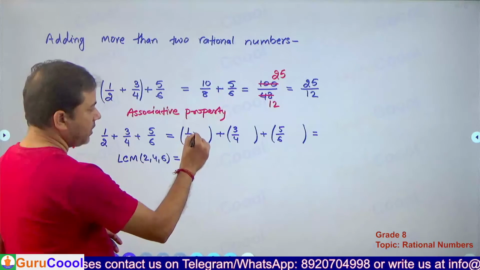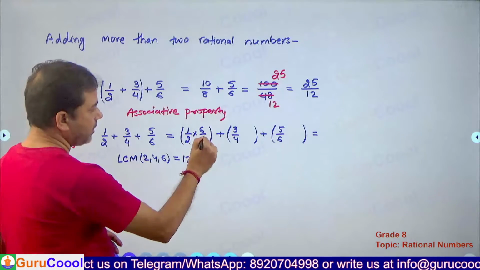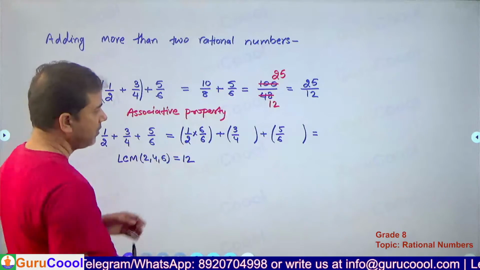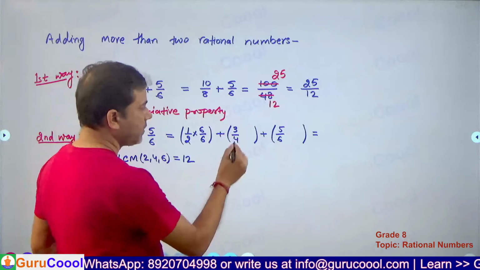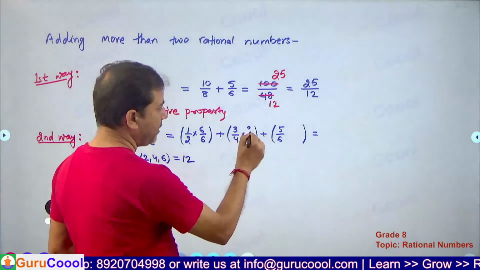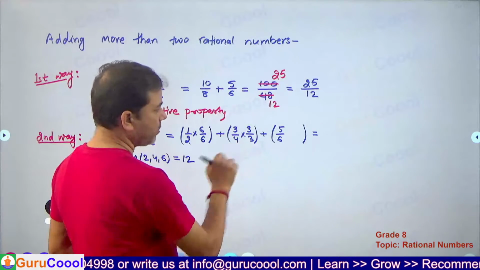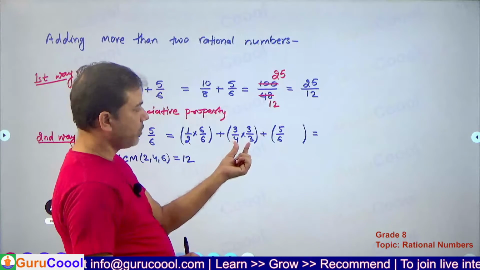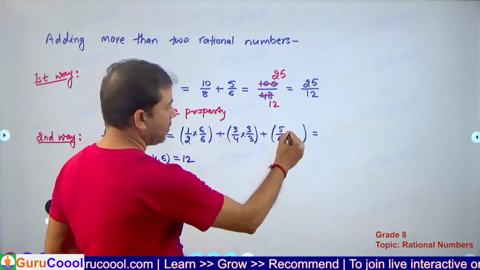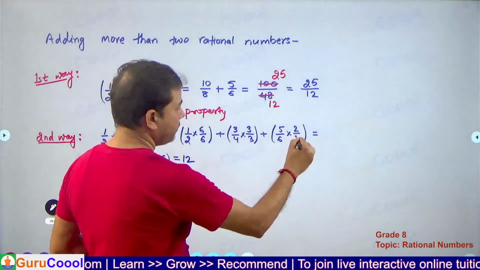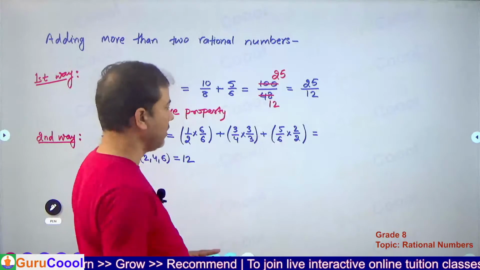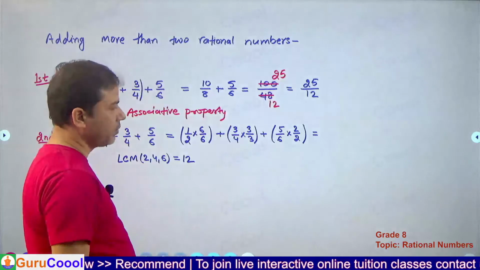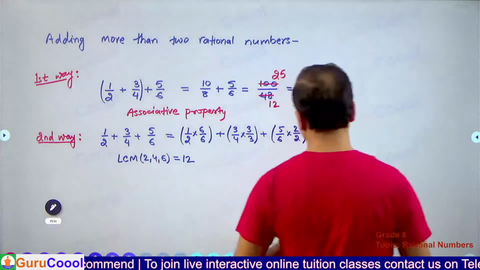In the first one, I'll multiply with 6 by 6 because 6 twos are 12. In the second one, it's 4, I'll multiply with 3 by 3 because 4 threes are 12. And here it is 6, I'll multiply with 2 by 2. Again it is 6 twos are 12. So all three are going to be 12 in the denominator.